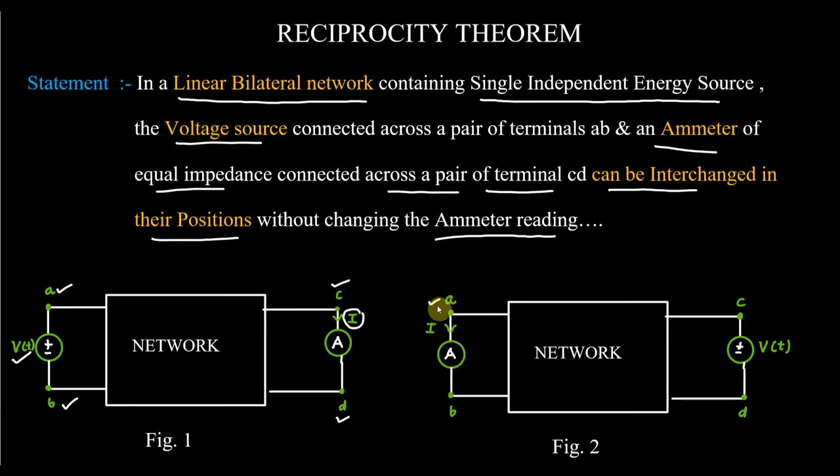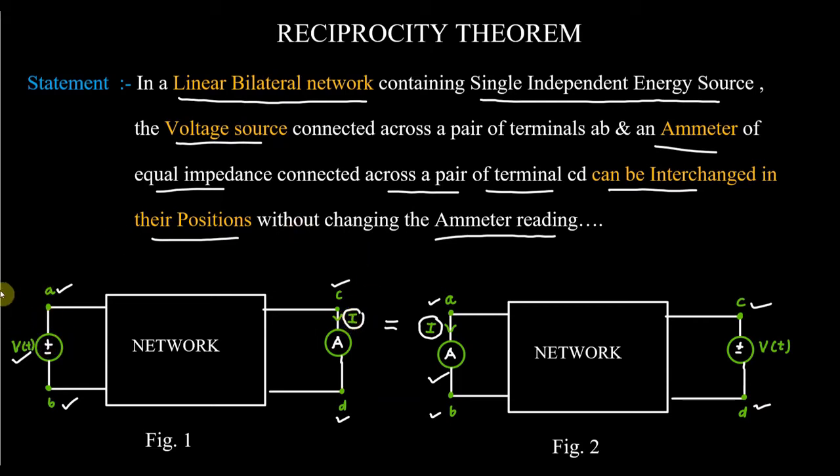Now at terminals AB we have the ammeter, and at terminals CD we have the voltage source. So after changing the positions of the voltage source and the ammeter, this current I will be the same in both cases. Then we will say that the reciprocity theorem is verified, or your network is reciprocal. Now this theorem can also be explained in other words.